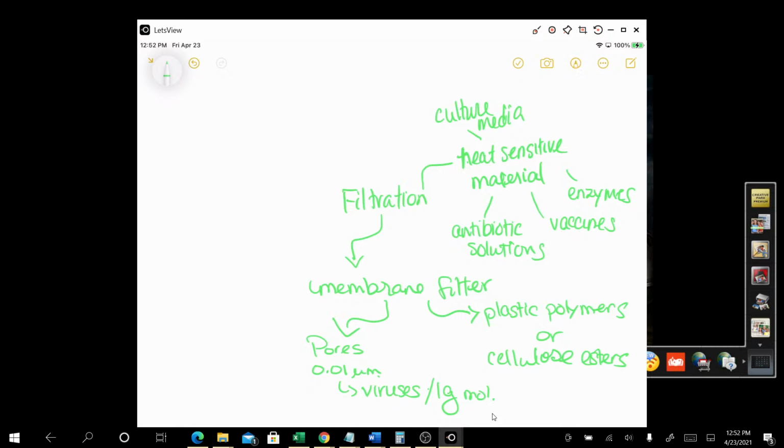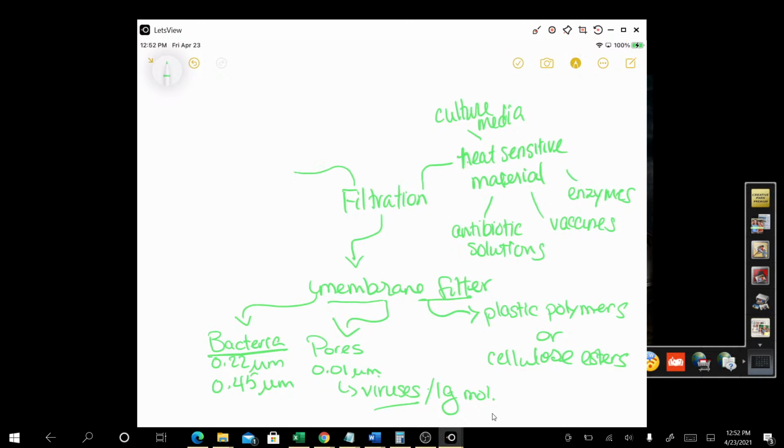So with the cellulose esters and plastic polymers, for bacteria, the pore size to capture bacteria are 0.22 micrometers and 0.45 micrometers. So we have membrane filters that can capture viruses and bacteria.